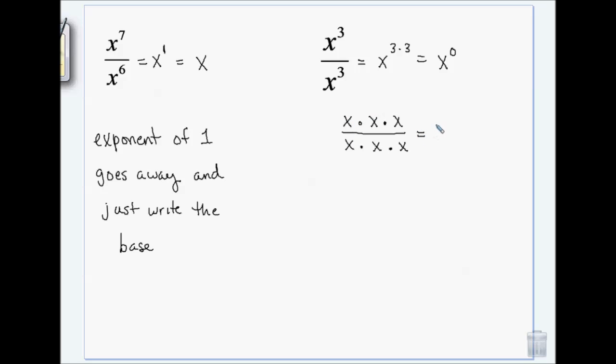What's x divided by x? x divided by x is 1, and x divided by x is 1. And 1 times 1 times 1 equals 1. So any exponent to the power of 0, or I'm sorry, any base to the power of 0 is always going to be 1. So that's any number.